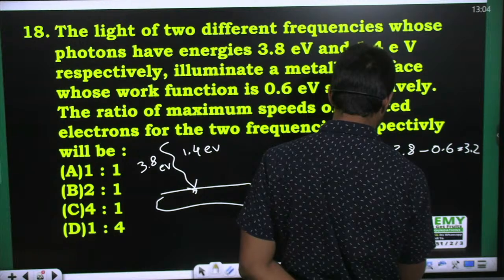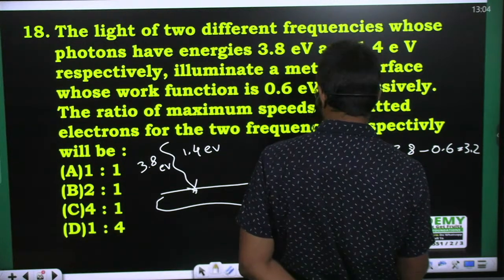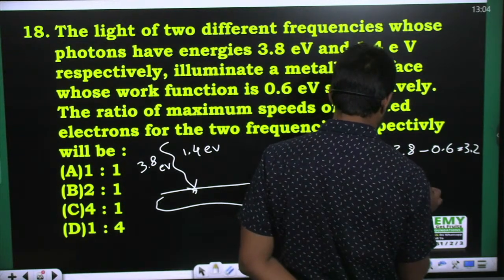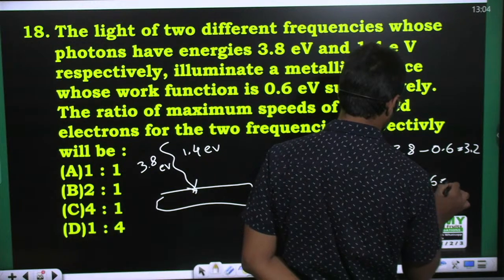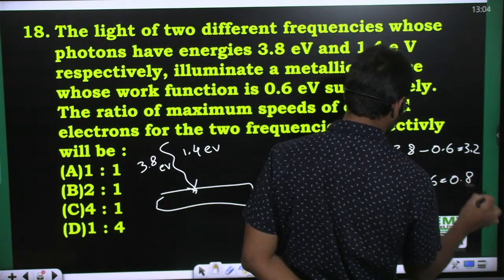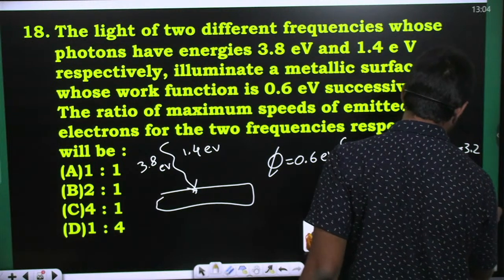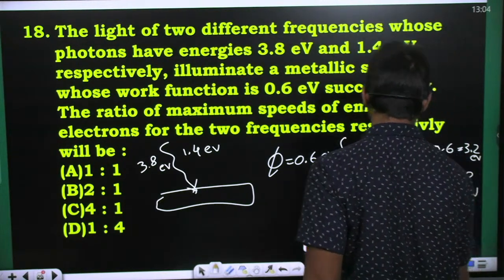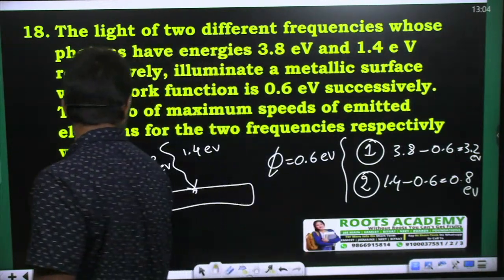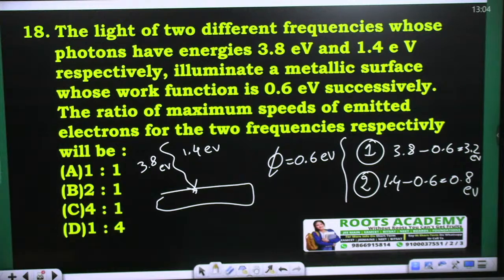Case 2, 1.4 minus 0.6, 0.8, right? So these are the energies once the electron comes out. So how do you find maximum speeds using this?